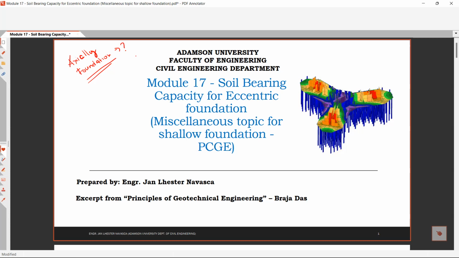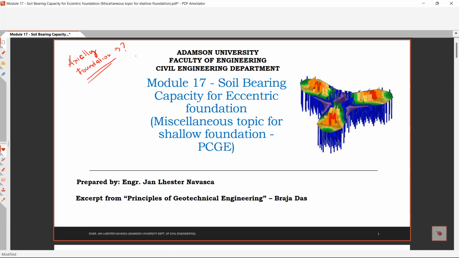The minimum eccentricity sa reinforced concrete column is 0.10H, 10% of the total length, for the tied RC column, and 0.15H, or 15% of the total length, for the spiral RC column. So yun yung mga criteria kung kailan ka magko-consider ng eccentric foundation.